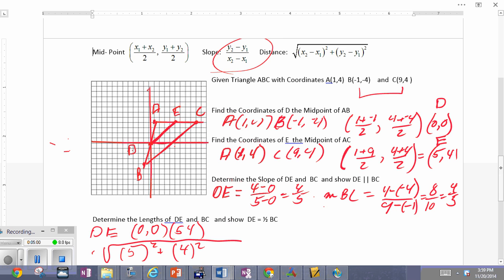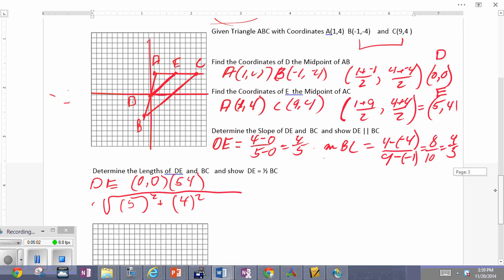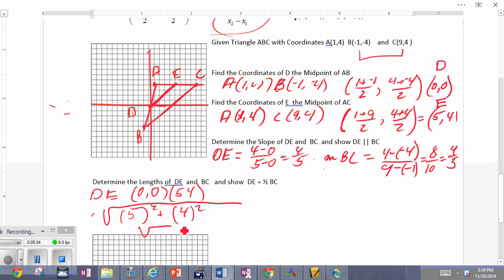Then that gives me the square root of 25 plus 16, so that's the square root of 41. Now I might want to find the decimal value of that, so I might go to my calculator and see what it is.